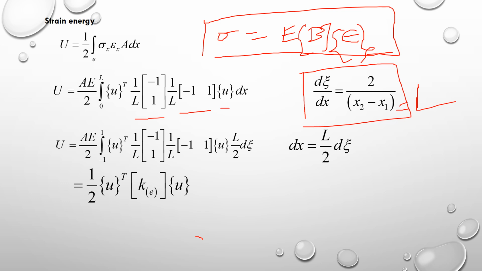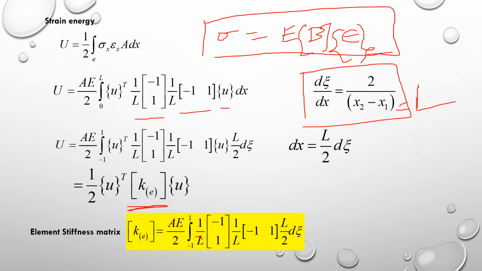U is equal to half of Uᵀ K U. Here K with suffix e is the stiffness matrix of this two-noded bar element. The element stiffness matrix is AE/L times 2 into the integration with respect to dζ from −1 to 1, where it varies in magnitude.